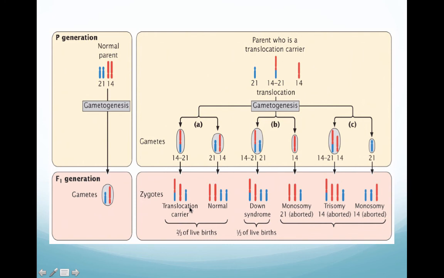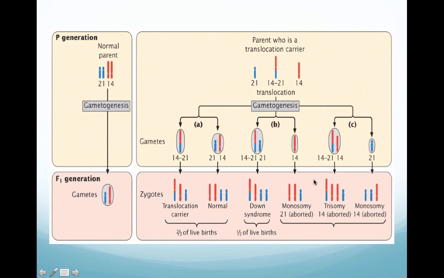So over half of the zygotes that are translocation carriers and normal individuals live. Okay, so we get a third of offspring that actually have Down syndrome, and they live through birth.